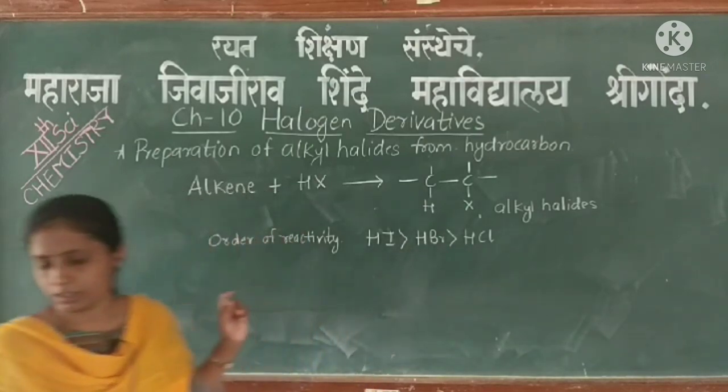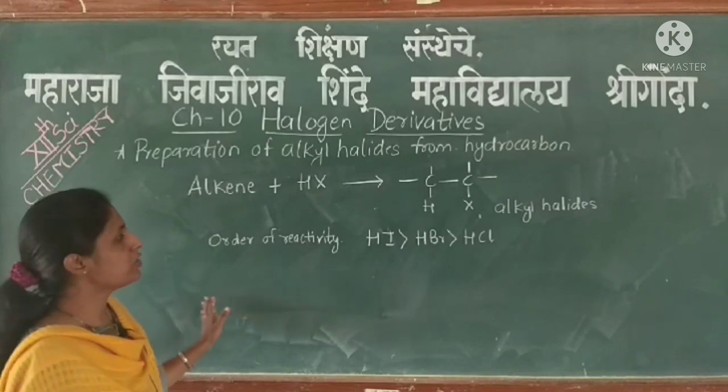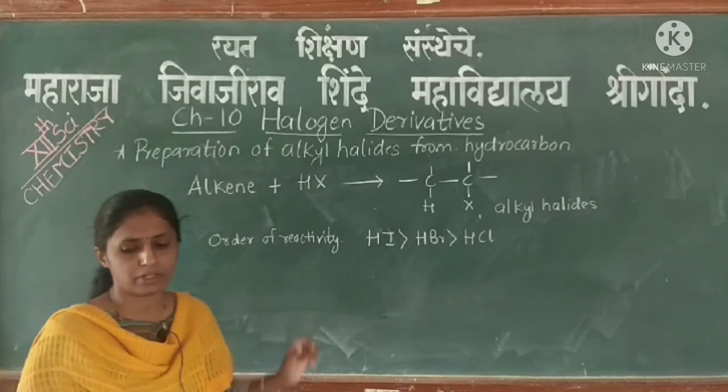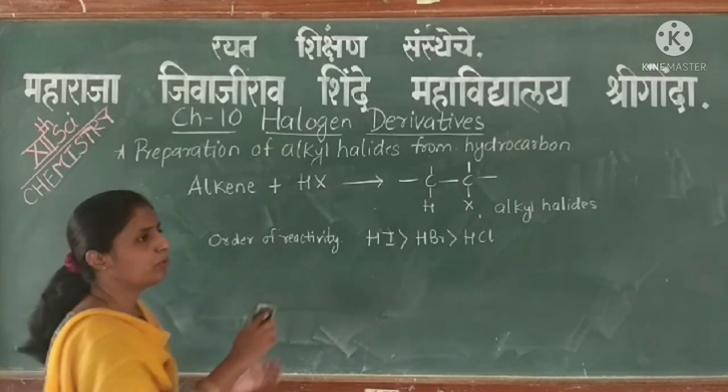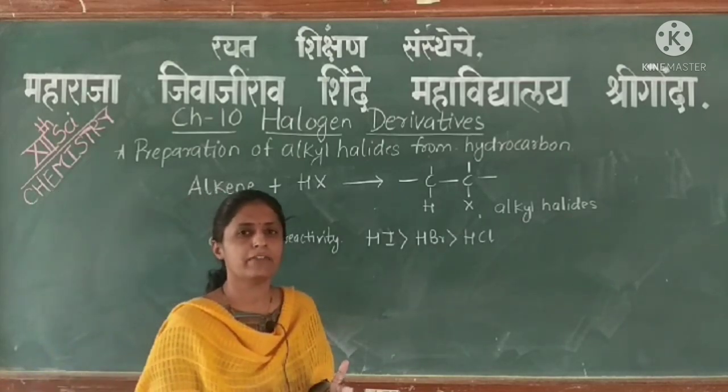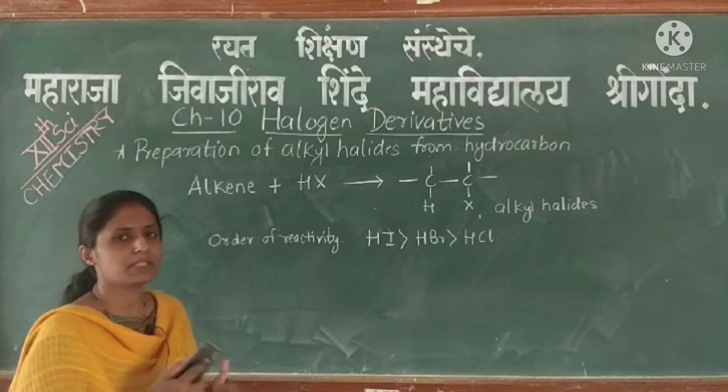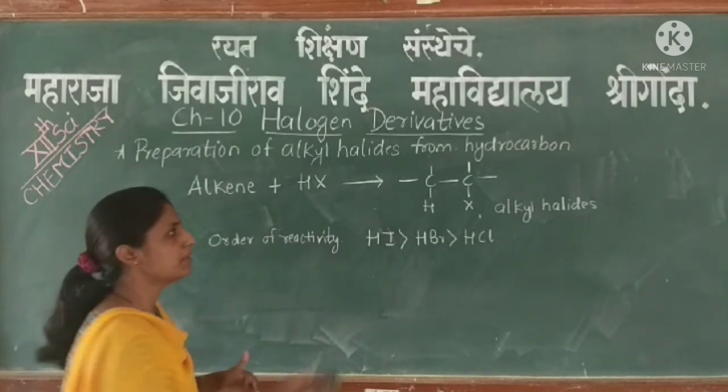Now let's see the addition of HBr to a symmetrical alkene. A symmetrical alkene, we know, is one where both the carbons of the double bond have the same substituent.